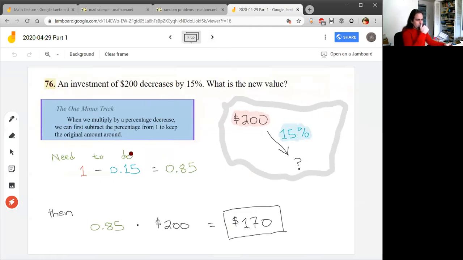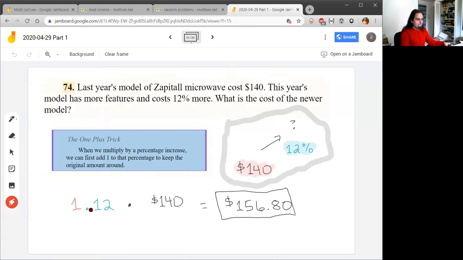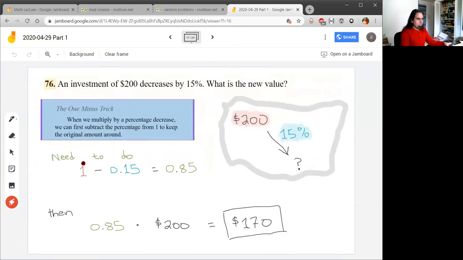Then it was a little trickier going down. If we said we start with $200 and we go down 15%, then the math is the same. Instead of taking 100% and making it bigger by 12%, we're taking 100% and making it smaller by 15% in this problem. But for most of us, it just seems like it's harder.